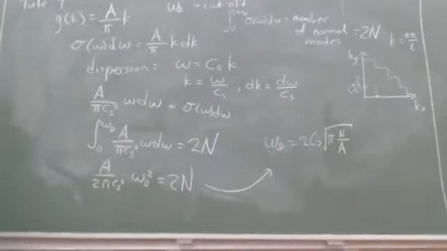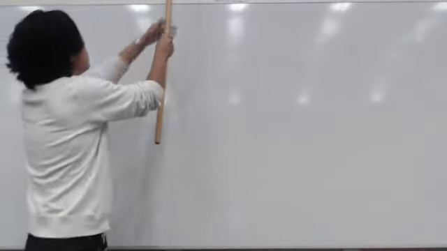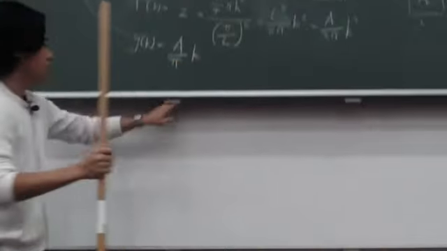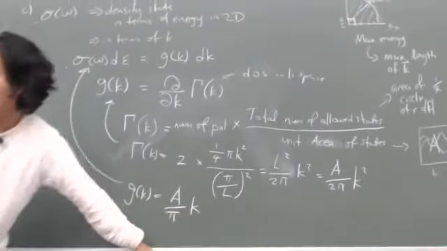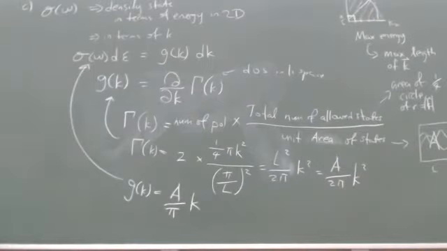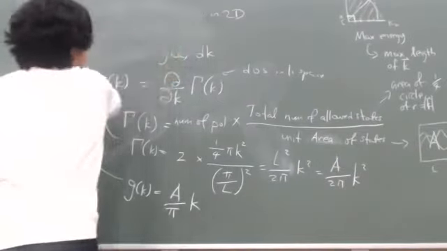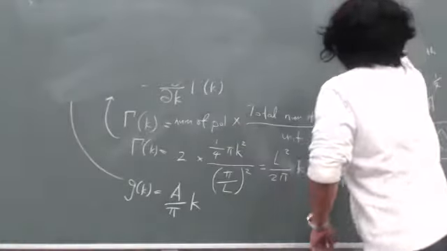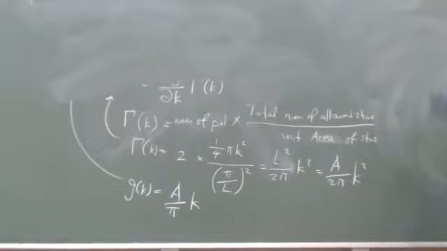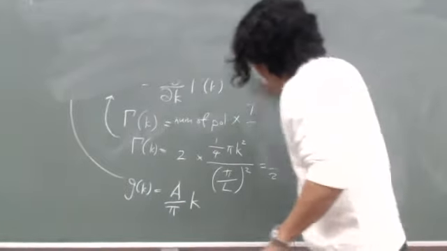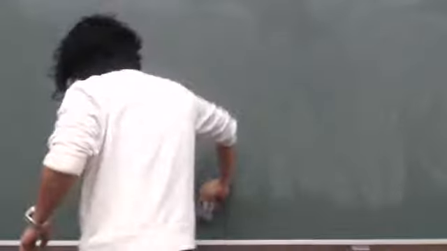Okay, so part D then. Part D: using the Debye approximation, show that the heat capacity CV obeys this weird looking law.